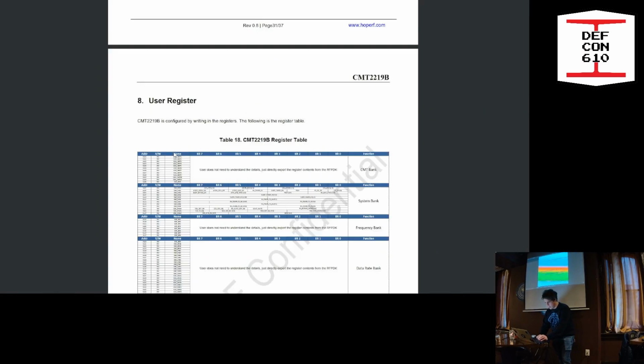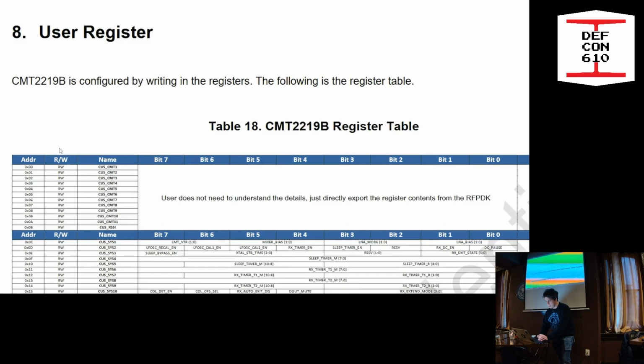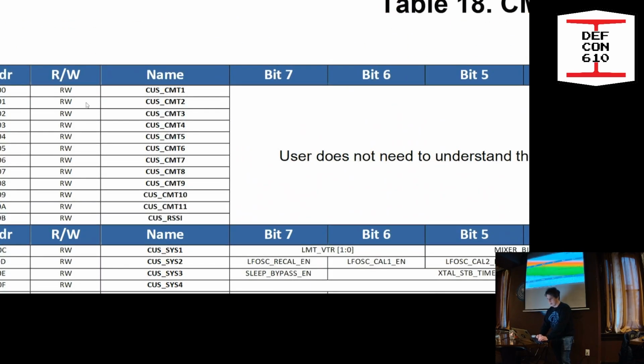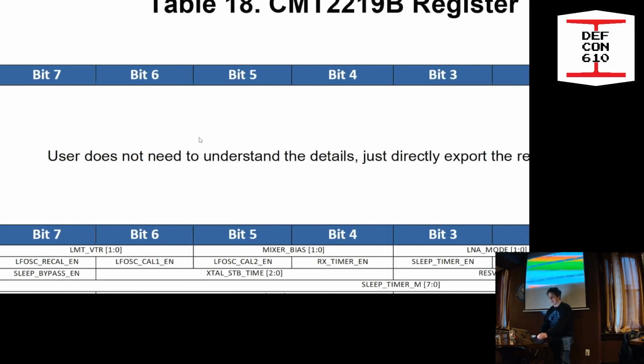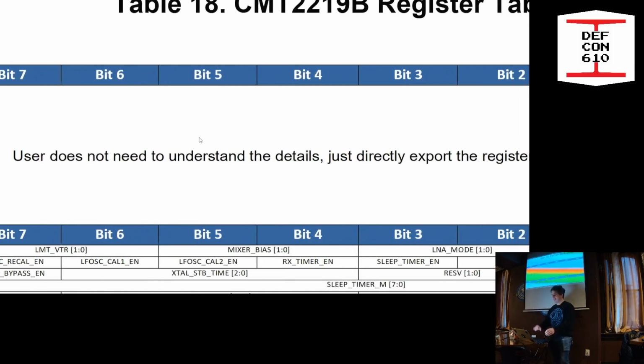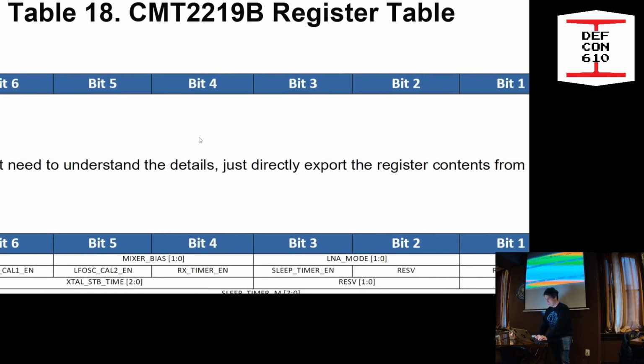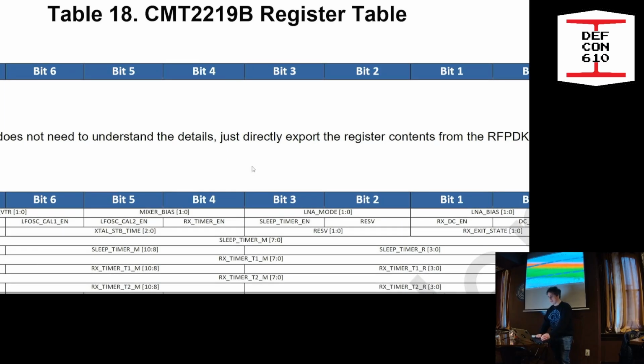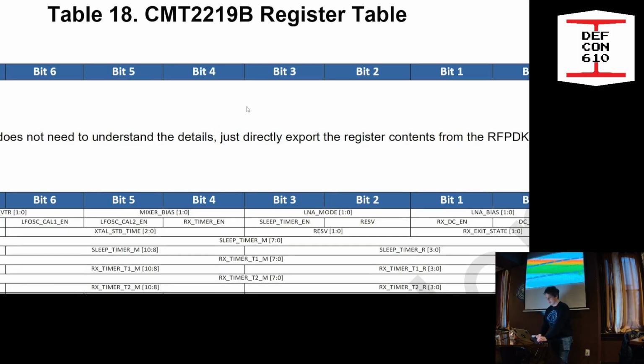Here we basically say user register, and then we see the addresses of the registers, and the user doesn't need to understand the details. In general, the software to generate these things is proprietary, and you can't just download it from GitHub. So you just capture the data and then replay it in your own time.